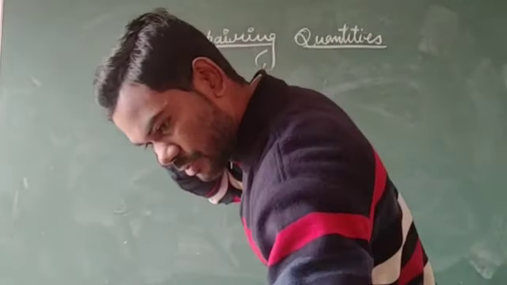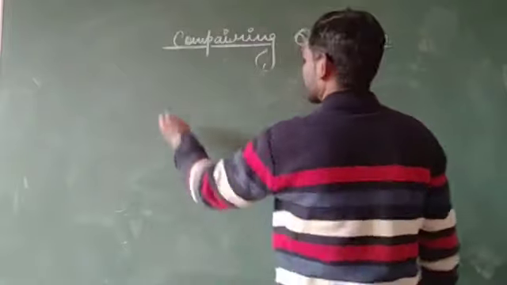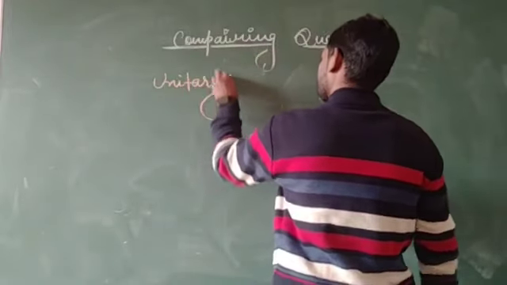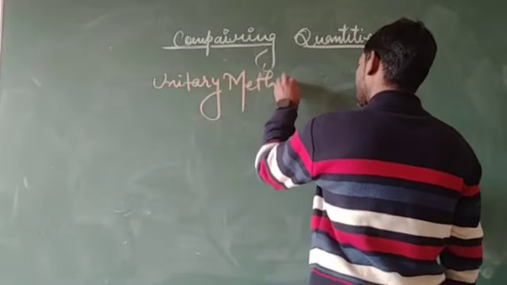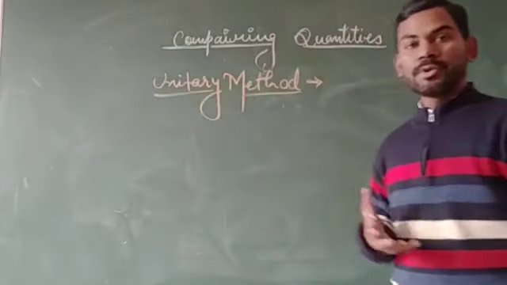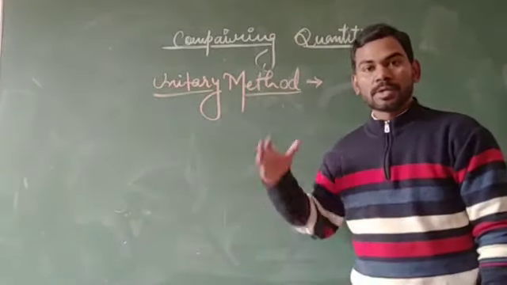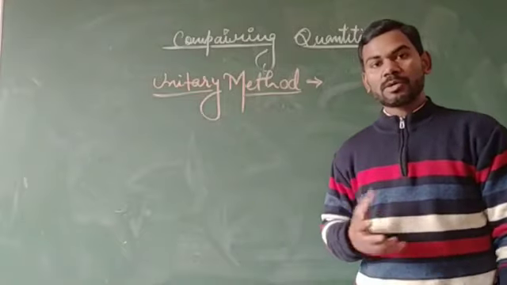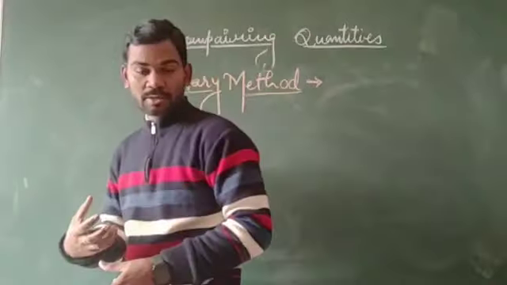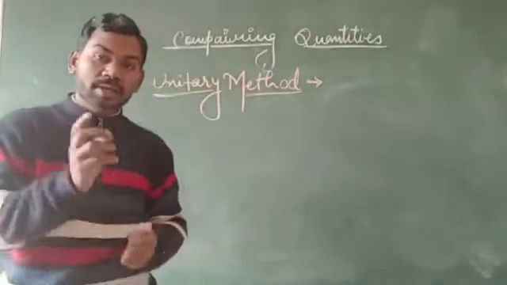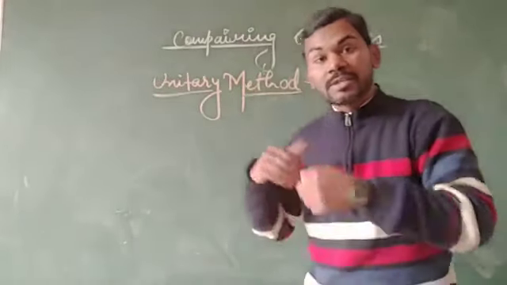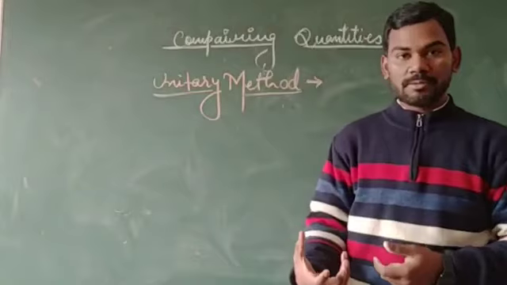Let's see what the unitary method is. Unitary method is a method in which we find out the value of a desirable number of articles by the process of getting the value of one article through a certain number of articles.